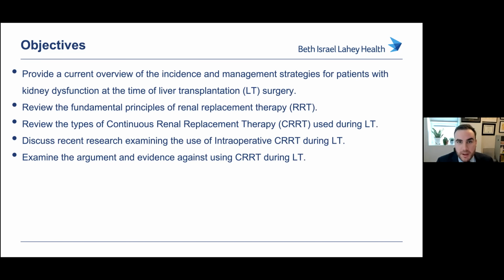I want to talk about the state of CRRT use in liver transplantations in 2020, and some of the indications from recent studies as to why it might be useful, as well as some studies that have come out recently that said large centers don't use intra-op renal replacement therapy in most, if not all, of their patients, and they don't have any increased incidence of issues per their studies.